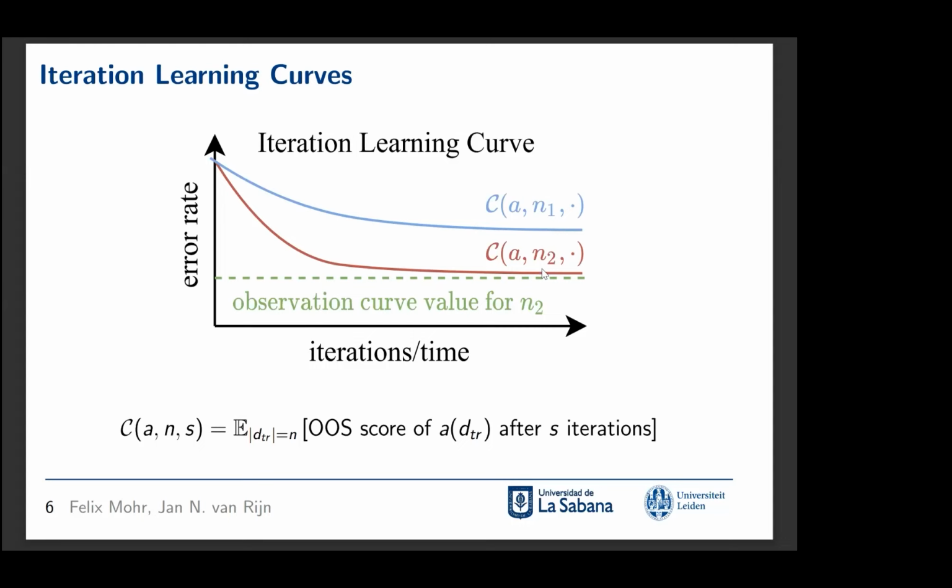But does double descent occur at the same rate for iteration learning curves and for sample-based ones? And the answer is no. So that means that depending on what we want to model and what assumptions we make on the modeling process, it would be good to know and to understand which kind of learning curve.